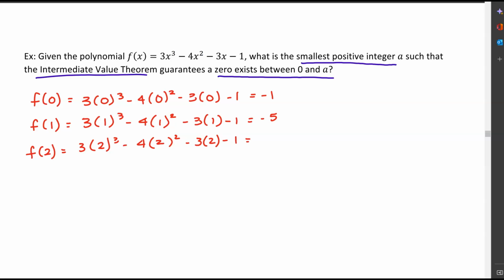So when we plug this in, we actually get 1. And so here we finally got that positive value, that positive sign. So from here, there is no sign change, but I do get a sign change here. And so therefore we can see that our smallest value is a equals 2.